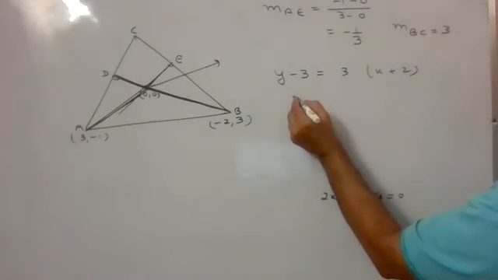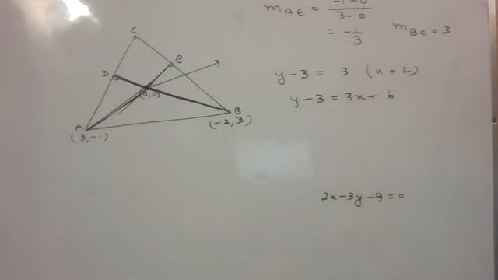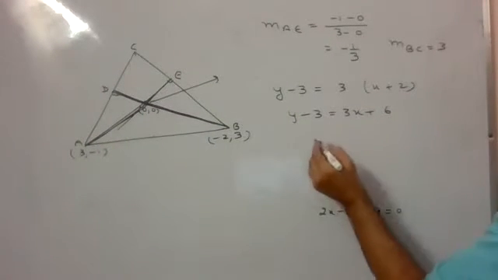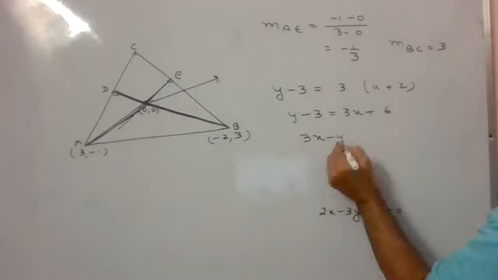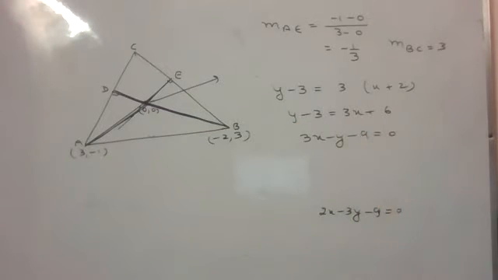Then the equation comes out to be y minus 3 equals 3x plus 6. Right or no? And then when you solve it, it will come 3x minus y plus 9 equals 0.